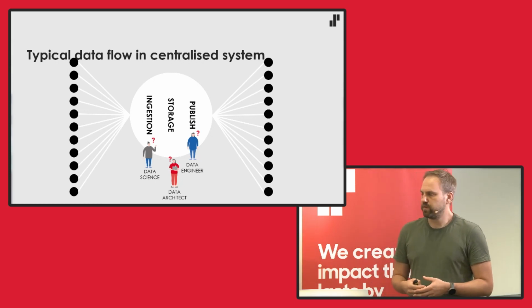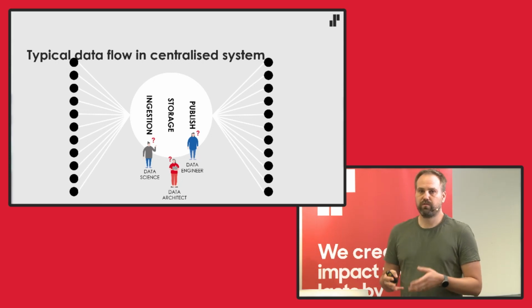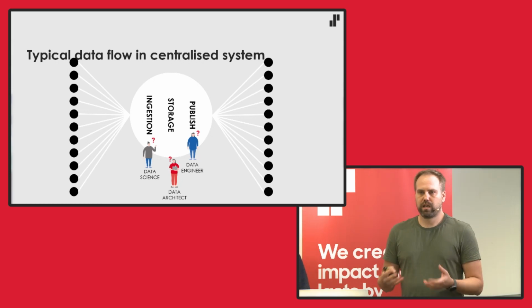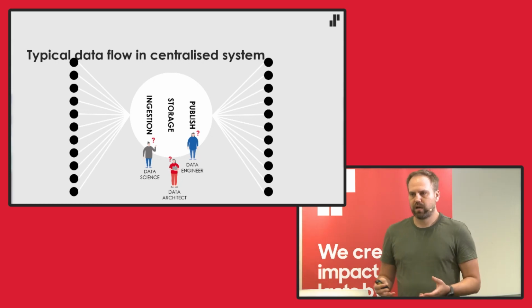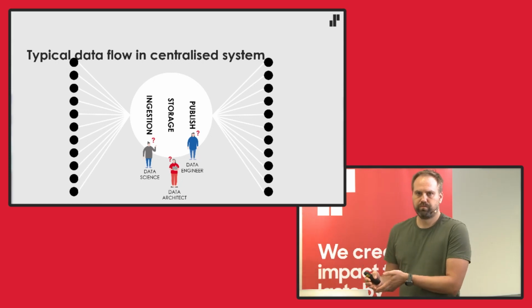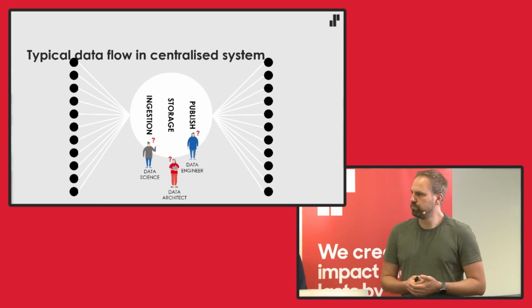There are fantastic tools coming out which actually speed up the development of these monolithic data warehouse systems or lake houses and such, which do speed it up quite well, but we're still speeding up the centralized system. So is there another way to do this?